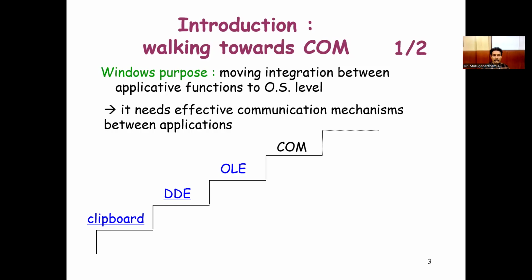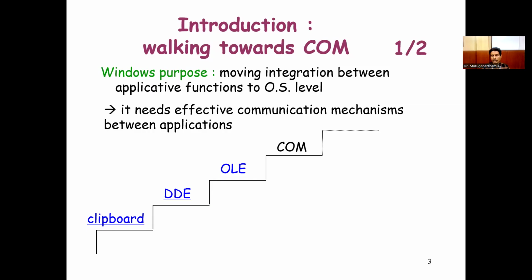For example, if you want to pass data from Excel to Word, or vice versa, it is very much possible. You can exchange information, bring your Excel data into your Word document, modify it, and change the graph.